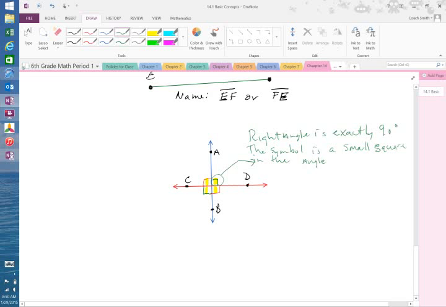That means it's 90 degrees. Whether it looks 90 degrees or not, if it's got the small square, it's 90 degrees. Okay, so this right here, those two lines are not perpendicular.